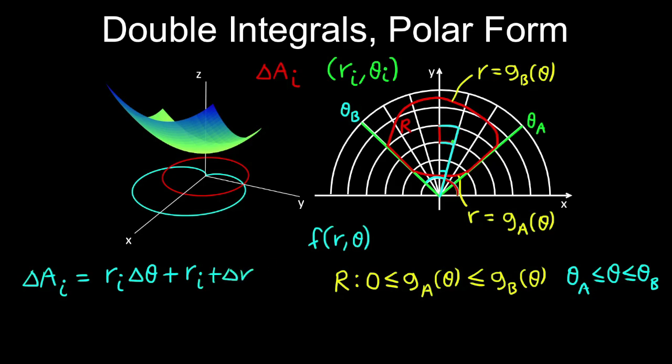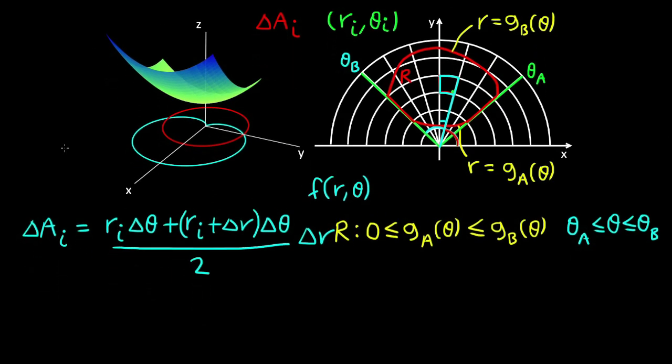So this length is delta r, and that's multiplied by delta theta, and then taking the average and multiplying by the height of the trapezium, being delta r, gives an approximation for the area of this polar rectangle. So if we simplify this, we get 2 r i delta theta on 2 multiplied by delta r. So that gives r i delta r delta theta. And the second term is delta r squared by delta theta on 2.